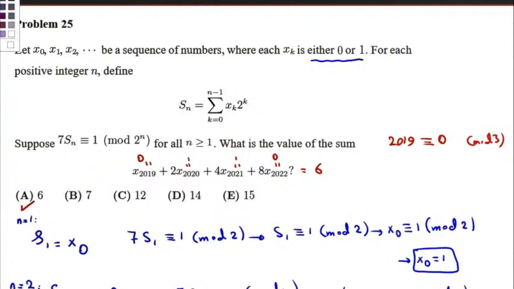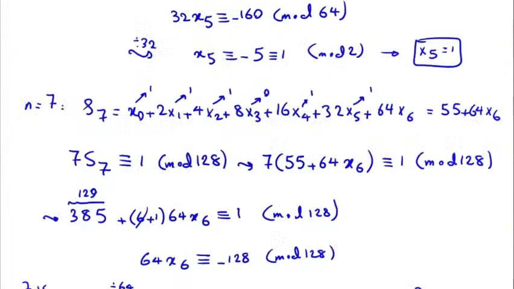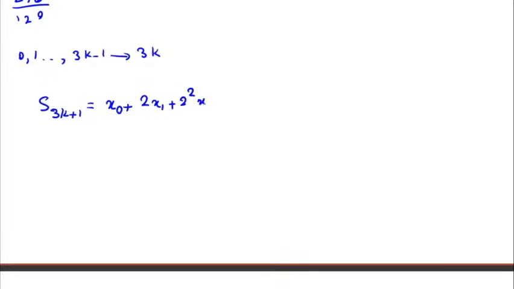And now, let me tell you the proof of, for example, why x3k is 0 and x3k plus 1, x3k plus 2 are the same. Suppose I know that from x0 to x3k minus 1 is okay. I want to prove for 3k that x3k is 0. So, I consider s3k plus 1. It will be x0 plus 2x1 plus 2 squared x2 plus 2 cubed x3 and so on.